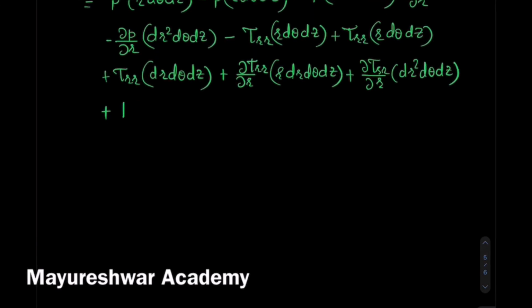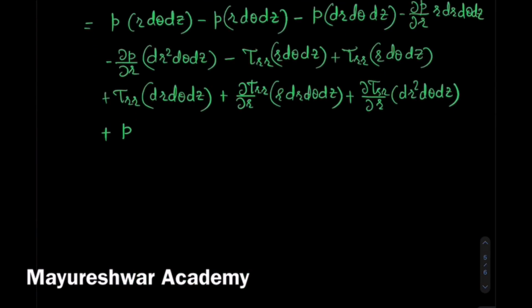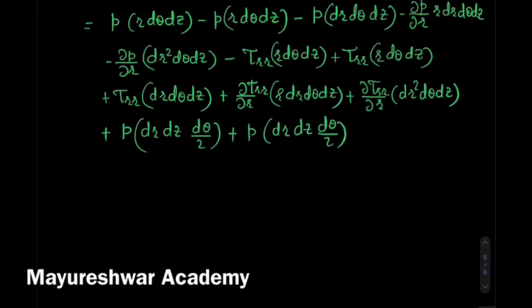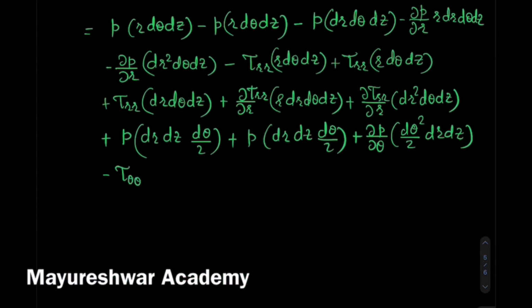Now we need to consider the pressure terms along theta directions, which are p multiplied by dr dz, and for this sine d theta over 2, for small angles we are going to consider it as d theta over 2. Similarly pressure along dr dz into d theta by 2, and variation along theta direction into d theta squared by 2 into dr dz.